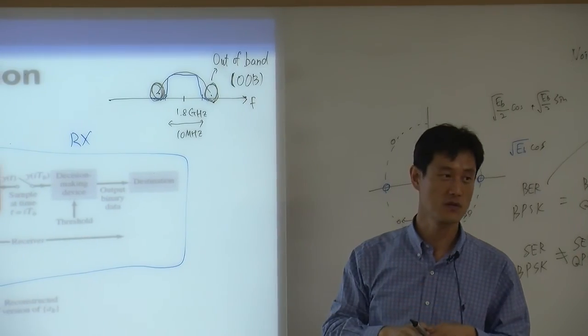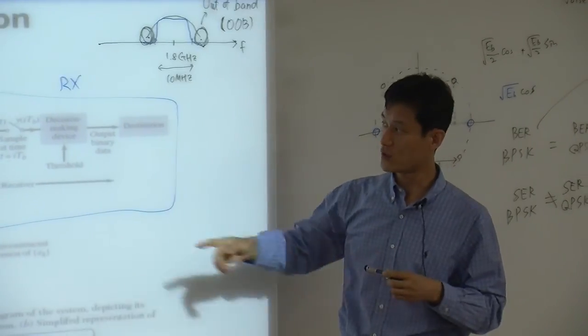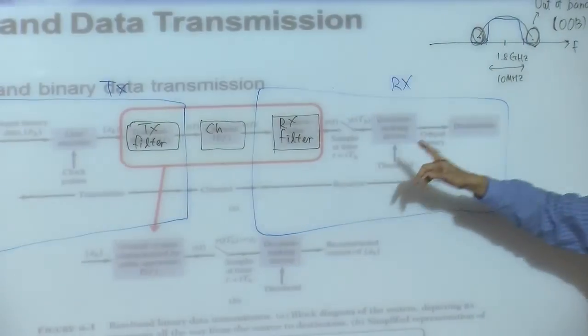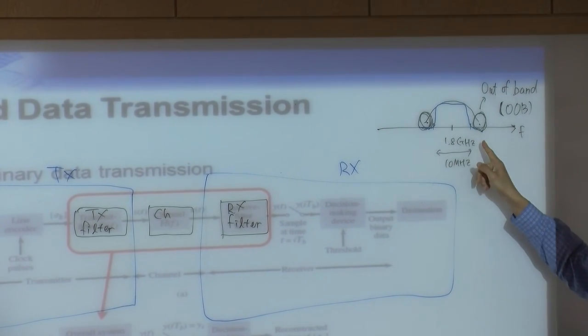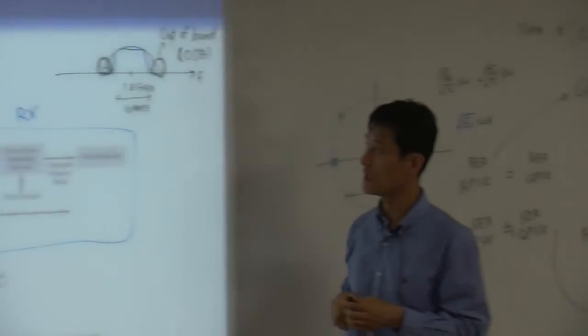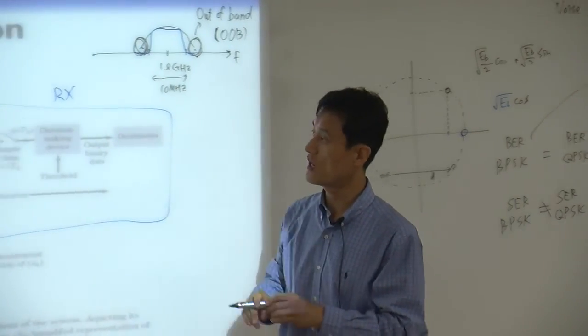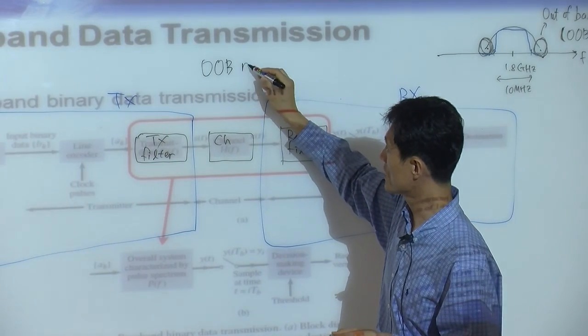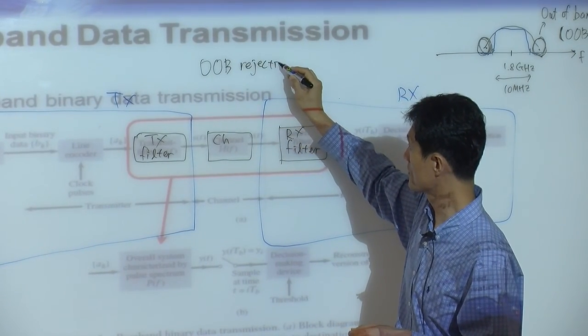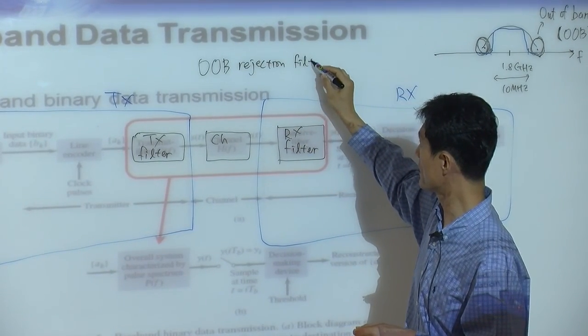That's the requirement. If you have no filter like this, then maybe you are transmitting some out-of-band spectrum like this. That's not allowed, right? So this is why this filter is sometimes called an out-of-band rejection filter. That's another name.